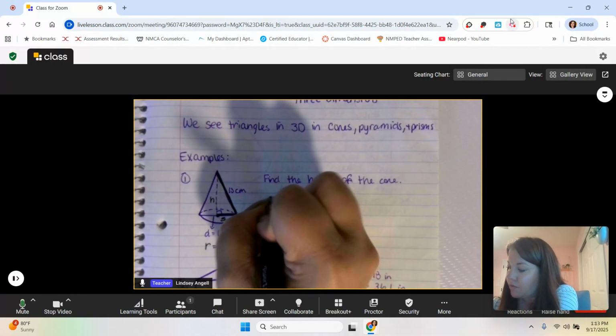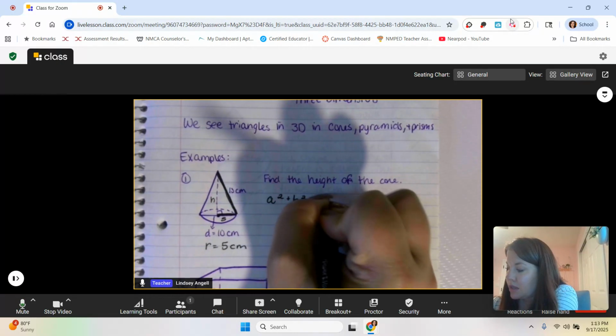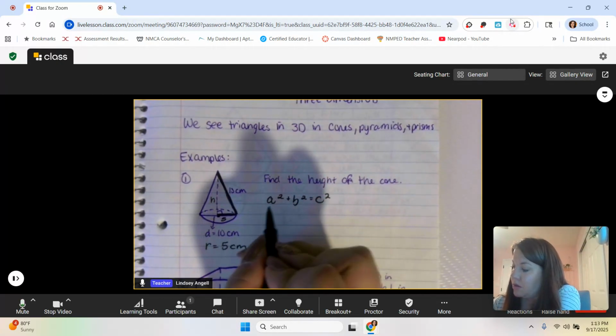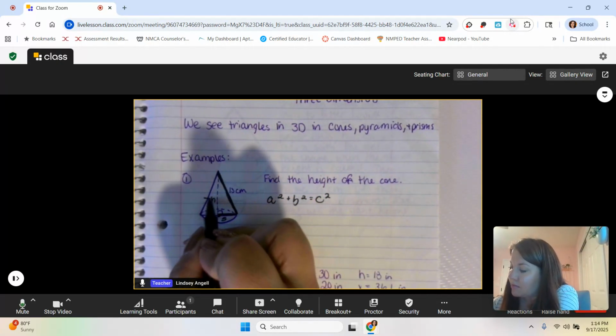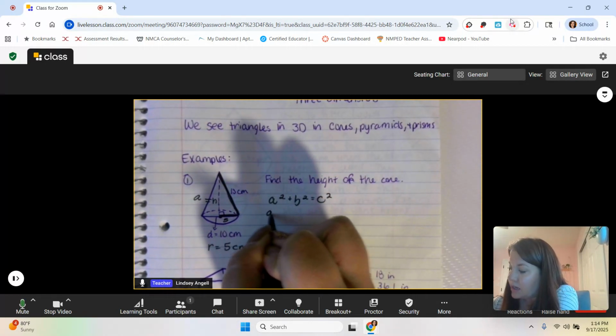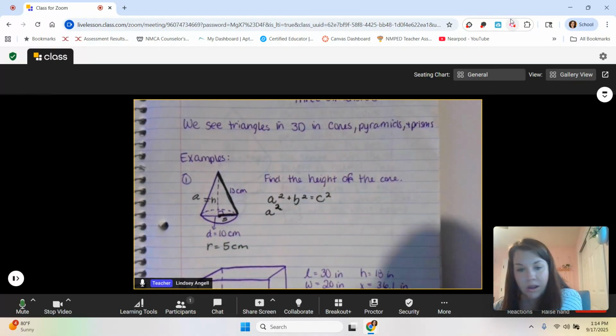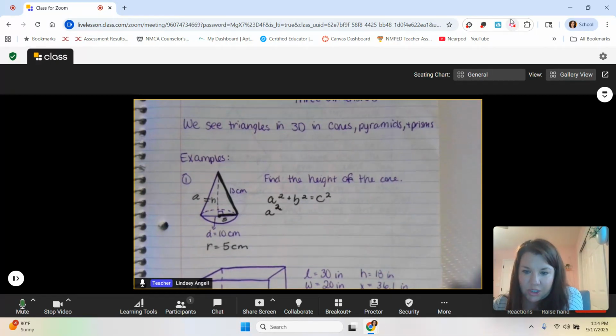All right, so when I'm building my formula, I've got a squared plus b squared equals c squared. Well, I could consider my height as a. That's what I'm looking for. The variable doesn't matter, those are just the letters we're used to hearing. I could have put h squared in there, and that would have been fine too.